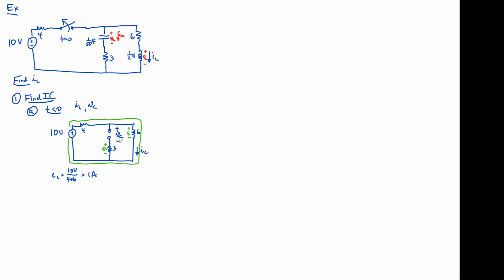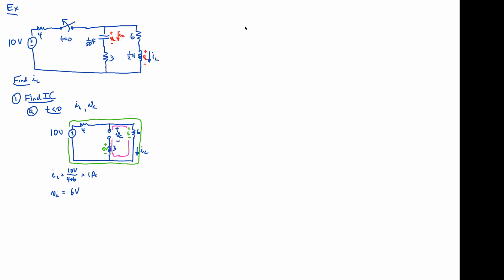So armed with all this, what is our V sub C? It's 6 volts. That's because we have 6 volts between these 2 points, and there's no voltage drop across the 3 ohm resistor, so there's got to be 6 volts across V sub C. So just by looking at it, we can see it's equal to 6 volts.